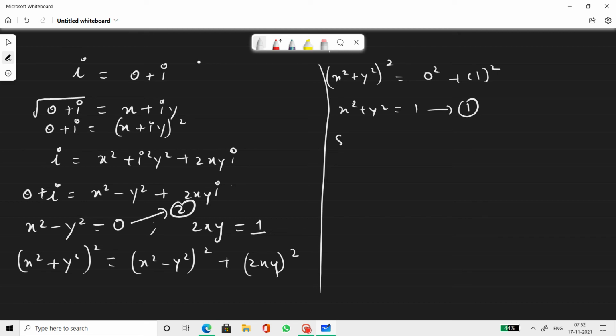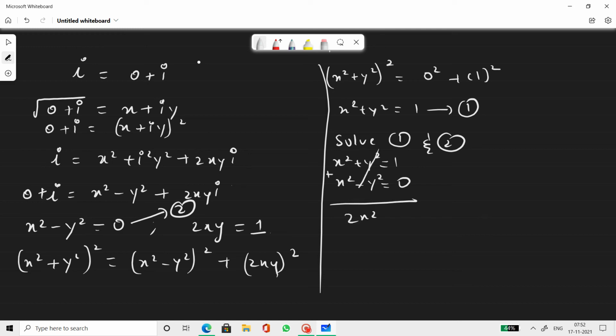Now solve 1 and 2. x square plus y square equals 1, x square minus y square equals 0. I'm going to add the two equations, so y square gets cancelled. 2x square equals 1, so x square equals 1 by 2. x equals plus or minus 1 by root 2.